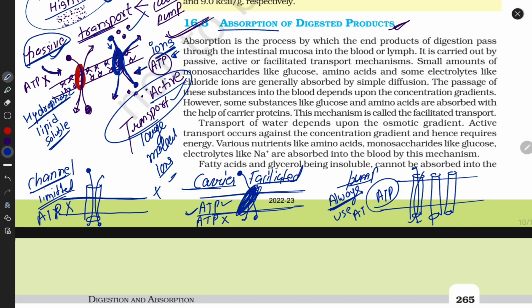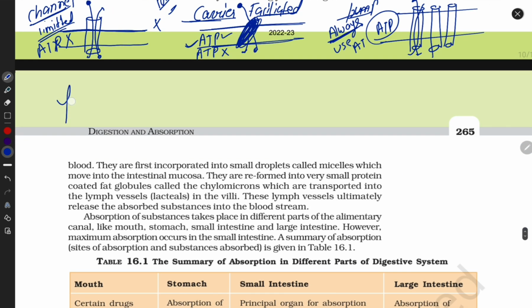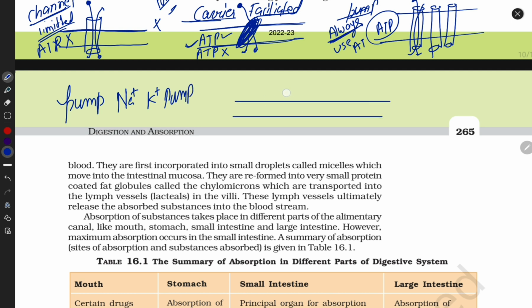Now one name is most popular for pump: the sodium potassium pump. The cell membrane, plasma membrane contains this pump. This is the simple structure of the sodium potassium pump. They bind with 3 molecules of sodium at one time and 2 molecules of potassium at one time.